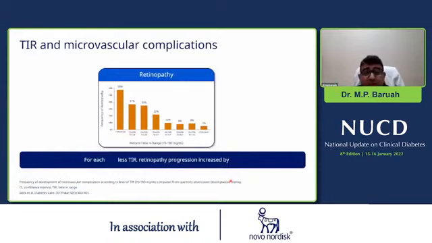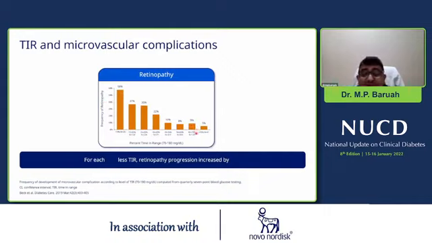And there is also a very strong relationship between retinopathy, which is a part of microvascular complications, and time in range, where you can see that when the patient's time in range is very low, like less than 10%, there is a 58% increased frequency of retinopathy. And if you take a cutoff of less than 70, it is only about 9%.